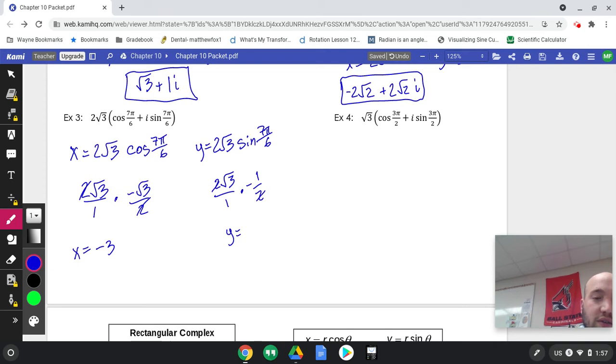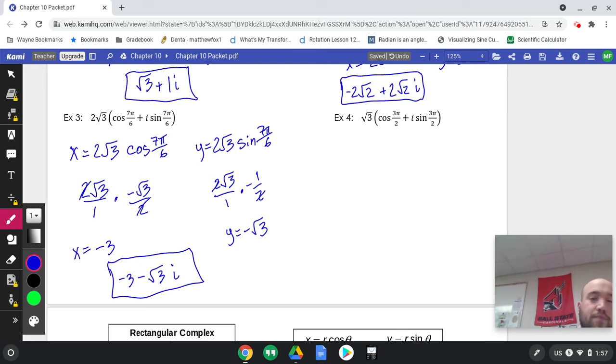Meanwhile, the 2's will cancel, and you're left with just negative square root of 3 for the y. So we will have negative 3, negative square root of 3i. All right, the last one we'll do real quick.